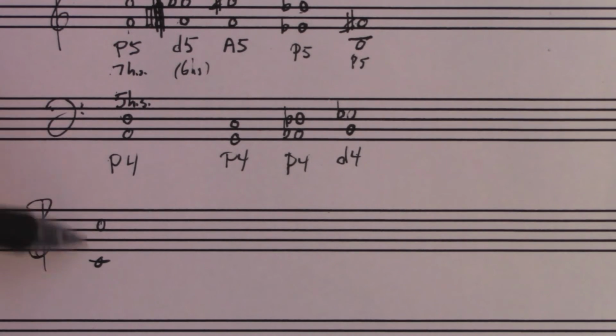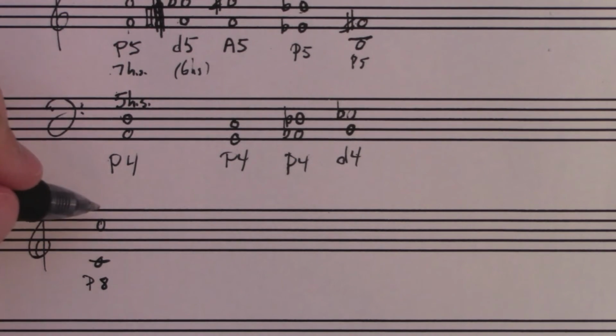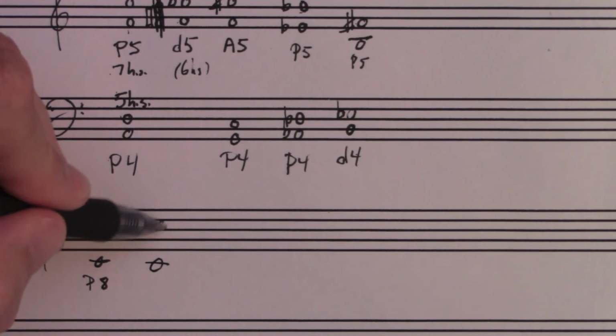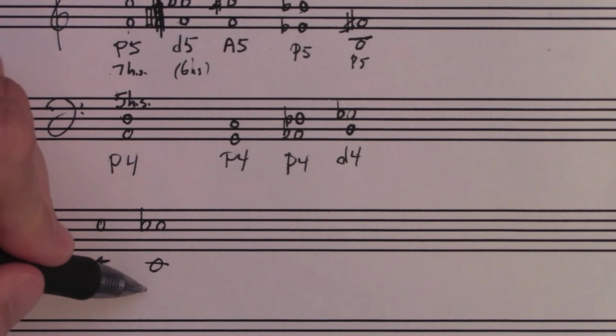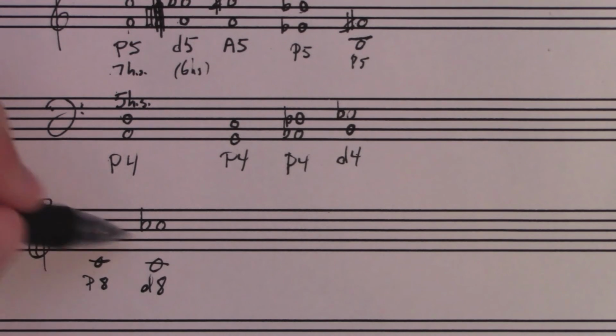Well, it's to the same note. You can figure that out. That is a perfect octave. But you can have diminished and augmented octaves too. There. That's a diminished octave. We took away a half step.